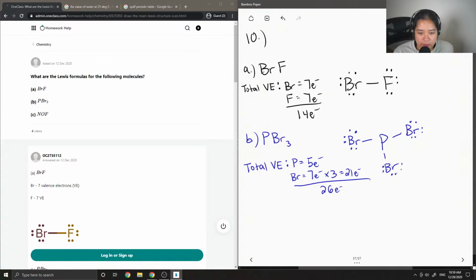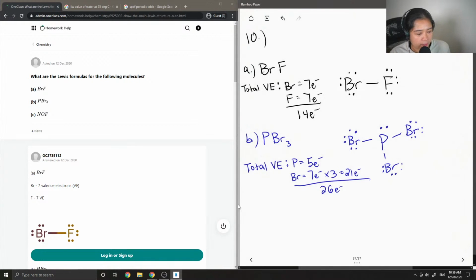And then counting all the bonds, 19, 20, 21, 22, 23, 24. So I have 24 electrons written down. So the last 2 will go on our phosphorus, 25, 26. And everything follows the octet rule, and we have our total number of electrons. So that is the Lewis structure for phosphorus tribromide.